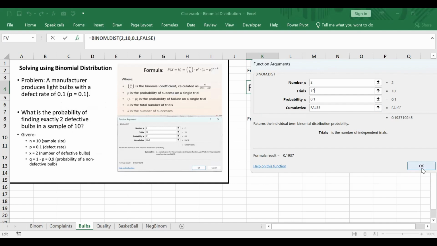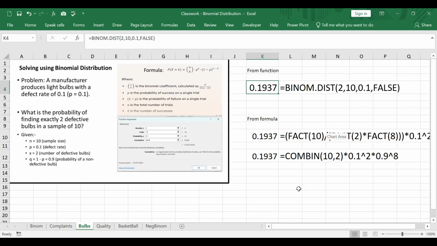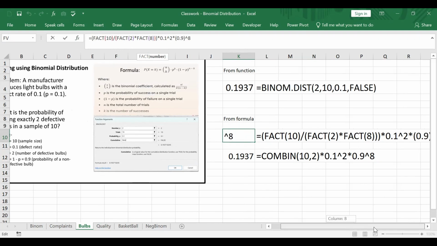It comes to 0.1937. And here we are using the formula where n equal to 10, success is 2, factorial 8, and this one is 0.1 probability to the power of 2, and 0.9, that is 1 minus 0.1, that is 0.9 to the power of 8.